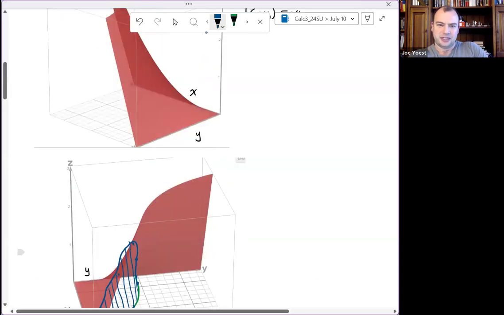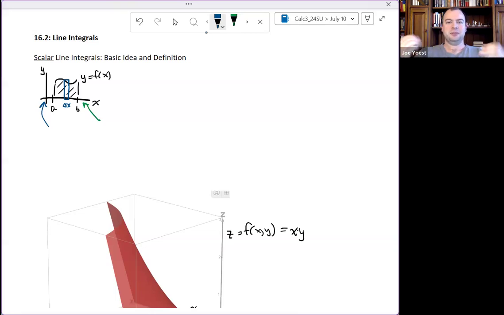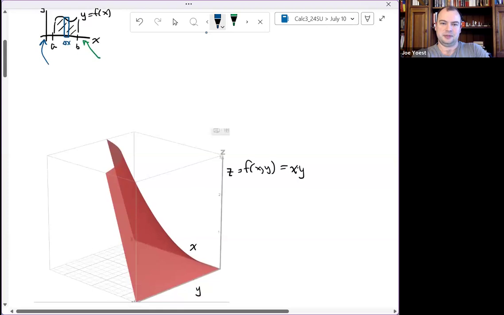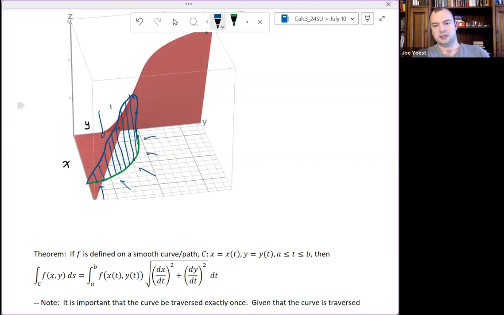So what I've done is I've taken this picture up here and I've taken the x-axis, grabbed both ends and bent them so that the curve curves around now. So I'm curving in the horizontal direction as well as in the vertical direction. But this still has the basic feeling of a single integral, right?